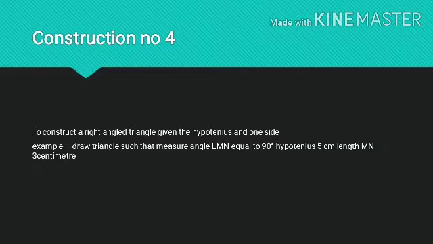Number 4. To construct a right angled triangle, given the hypotenuse and one side. In a right angled triangle, side opposite to 90 degrees is called hypotenuse. Example: draw triangle LMN such that angle LMN is of 90 degrees, hypotenuse 5 cm and length MN 3 cm.